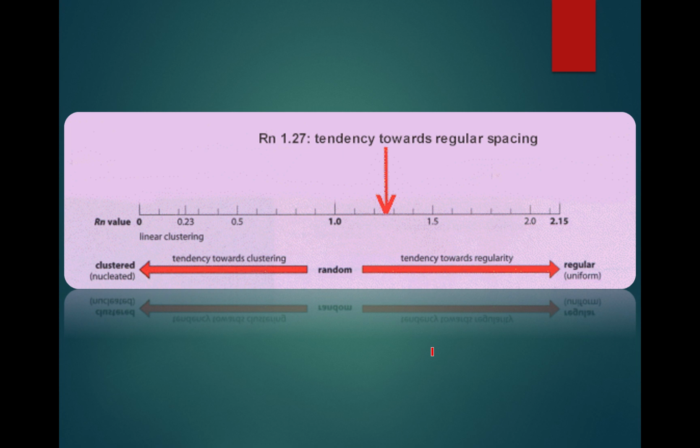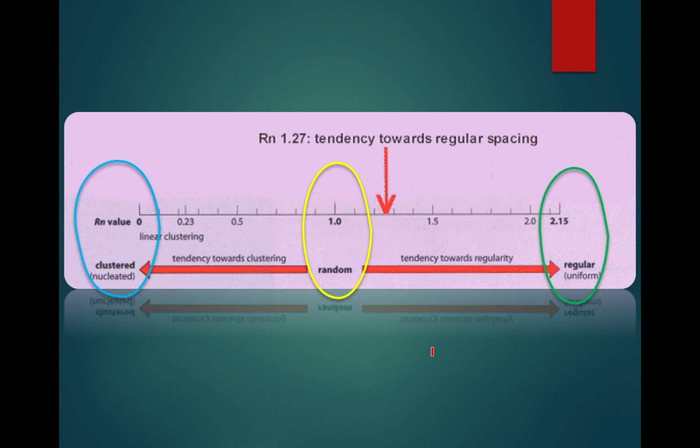So we can look at the results of an ANN value based on this continuum here, where an ANN value of 1 means that we're dealing with a randomly spatially distributed data set. If we have a value of 2.15, that means our points are much farther apart than we would expect randomly.